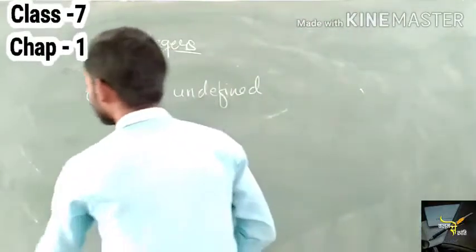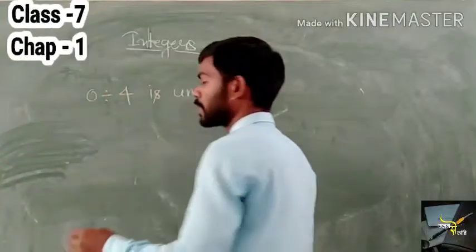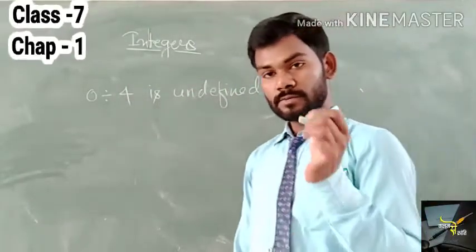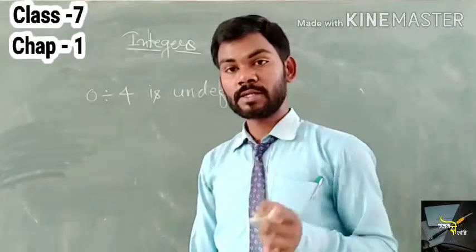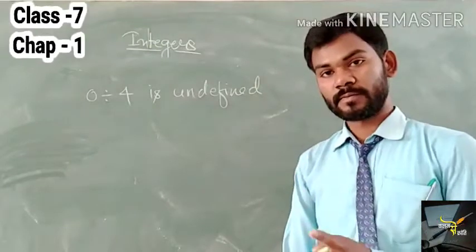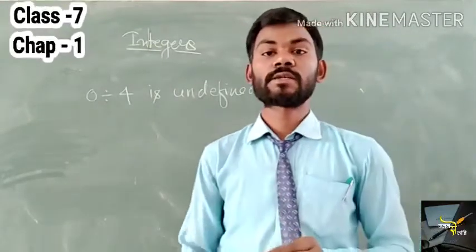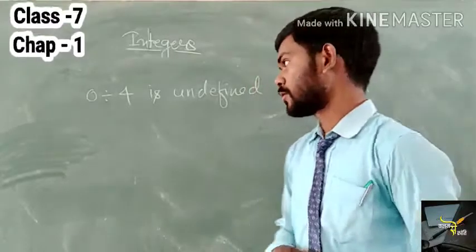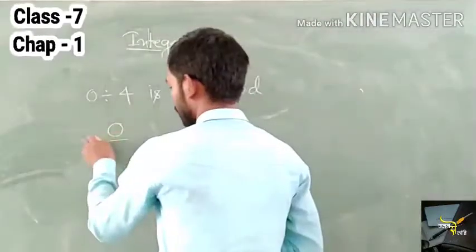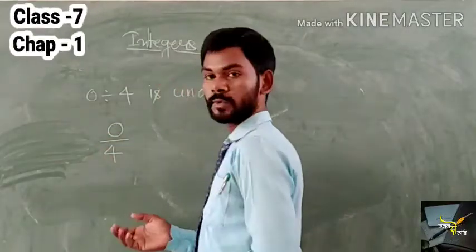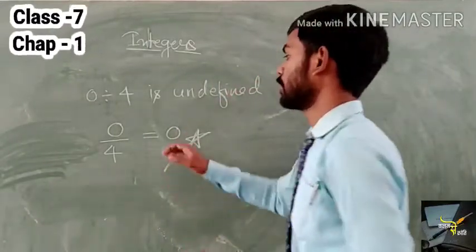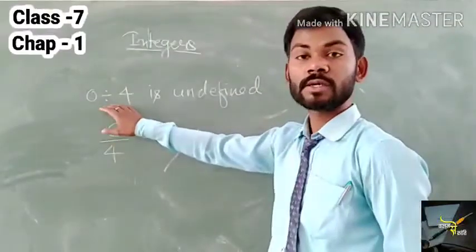As I told you in the properties of integers on the operation of division, when 0 is divided by a non-zero number, the quotient will always be 0, and such a property is known as the zero property. So here we can see that 0 is divided by a non-zero integer 4, and this gives the result 0, so the division is defined.